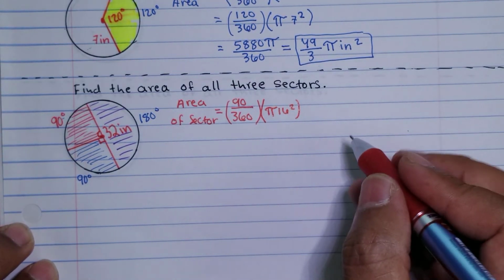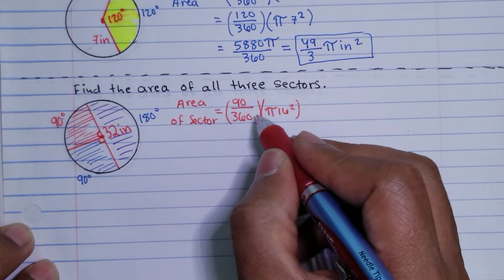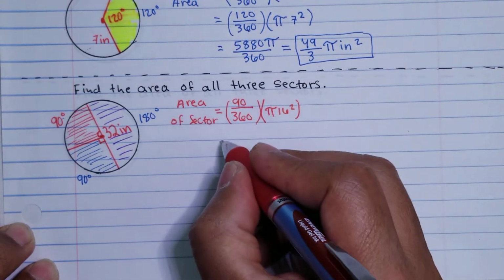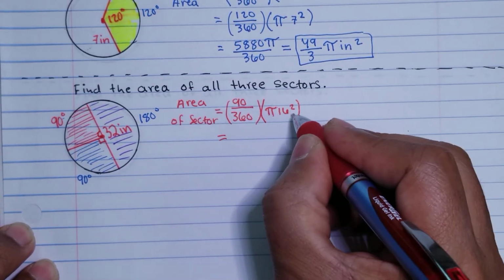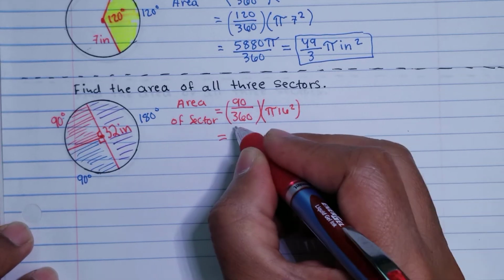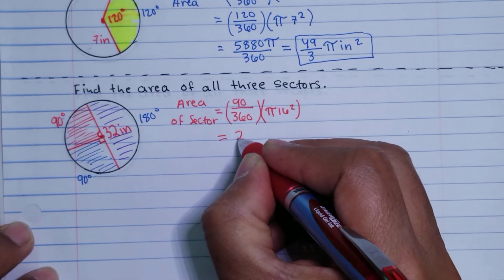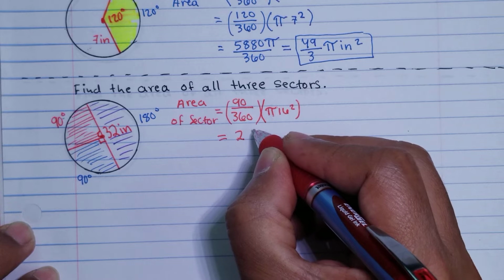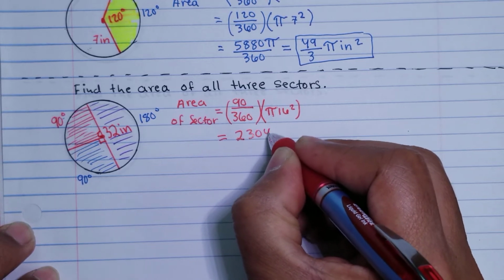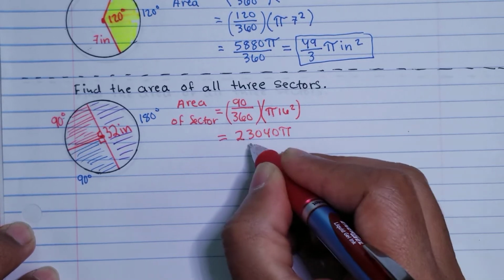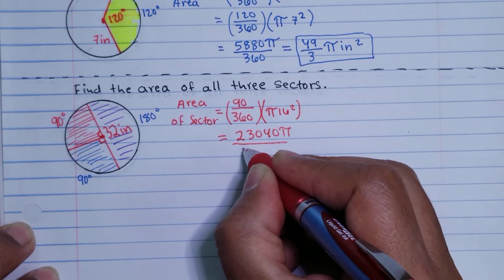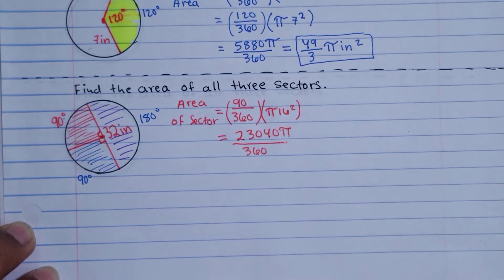When you enter this in your calculator, this happens to be a whole number. So this will be 90 times 16 squared. That's a big number, 23,040 pi, and divide that by 360.